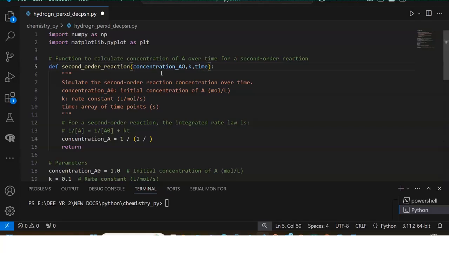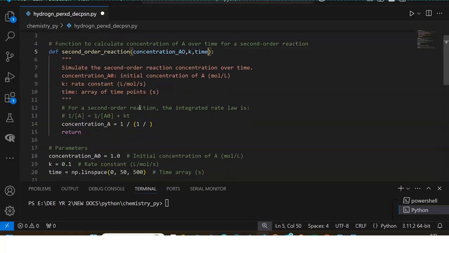Those are the inputs to our model, and therefore we are using this method def, which is a function, which helps us to define or create a function.